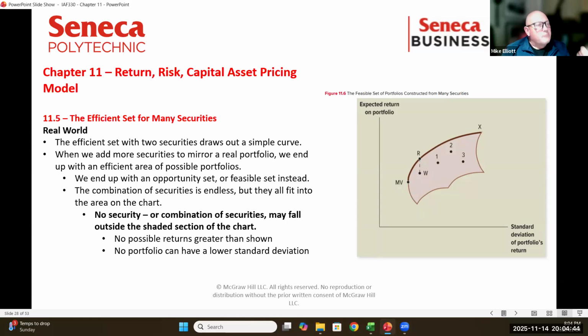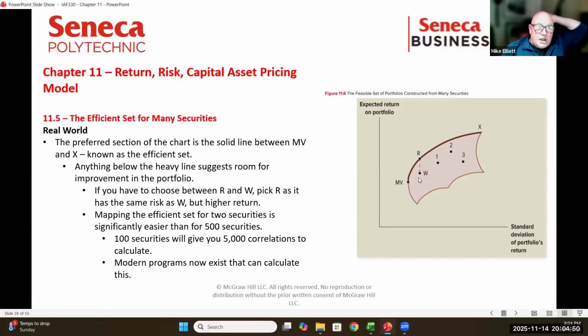We know as we create our portfolio, it's going to be somewhere in here. The preferred portfolio is on this line between X and MV, because that lets us ride the leading edge of the batwing. This is the highest we're going to get in terms of returns, but not necessarily the lowest we're going to get in terms of standard deviations.